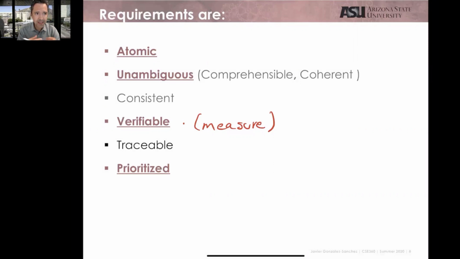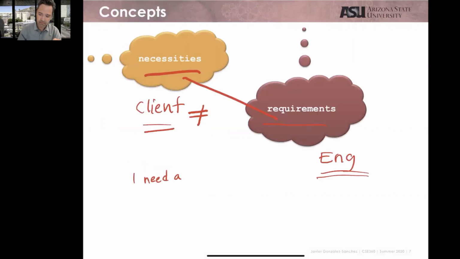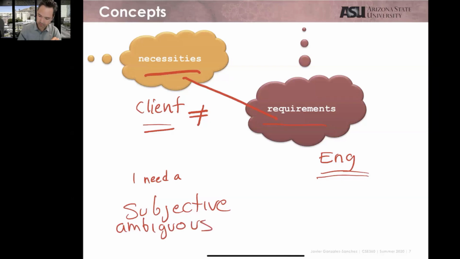Because what I am asking is, that is what a necessity is: my subjective ideas, something that I understand, something that I have the knowledge about how to measure, or something that I have a particular definition, but could not be the same for everyone involved.